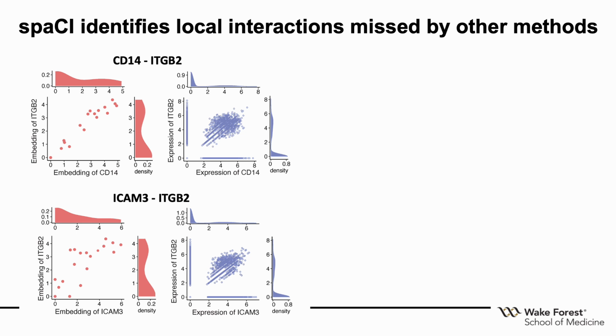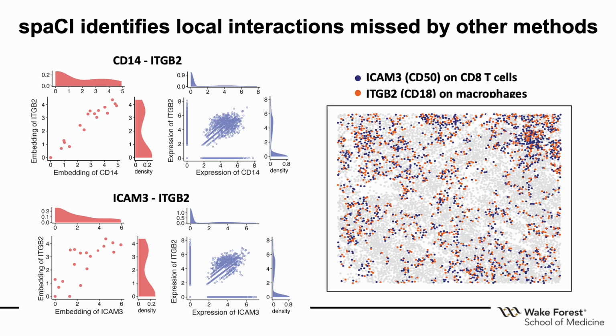These results demonstrate that SPARCY revealed ligand-receptor interactions which otherwise could be hidden due to data sparsity, which also explains why these ligand-receptor interactions were hidden in their expressions. Moreover, we looked into the spatial expression of the ligand-receptor in the local tissue region. The blue dots represent the CD8 T cells expressing SEMA3, and the red dots represent the macrophages expressing ITGB2.